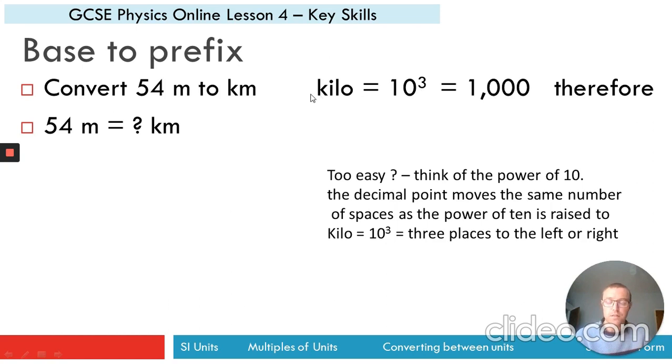Do it on a calculator and you'll see it's 1,000. Write it out exactly the same way. 54 metres is equal to how many kilometres? Once again, because we have metres on both sides of our equation, we can ignore them. We can cancel them out. And we get 54 is equal to the number that we want to know times k.